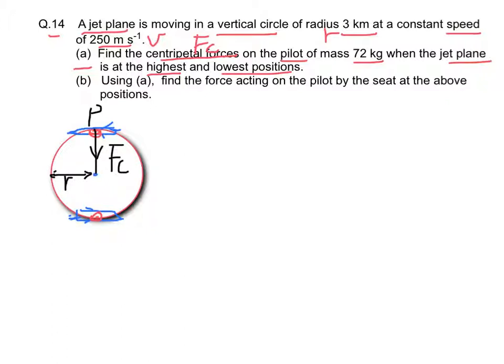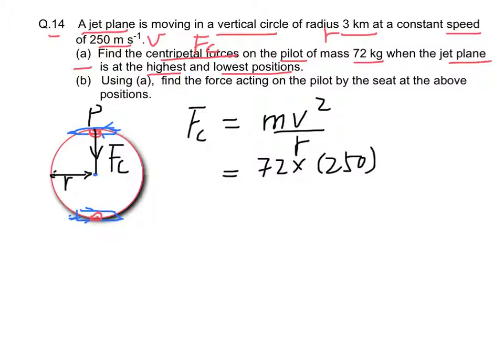Fc at P is equal to m v squared over r, which is equal to 72 times the square of 250 meters per second over 3 kilometers, equal to 3 times 10 to the power 3 meters. The centrifugal force acting on the pilot at the highest point P would be equal to 1,500 Newton.